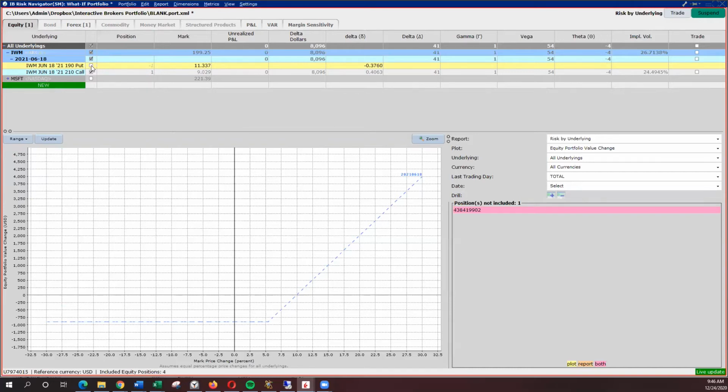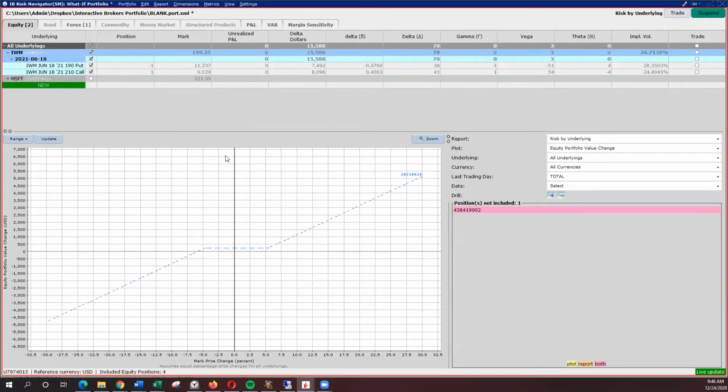The other great thing about this strategy is that it's a play on volatility. When you get a stock with a little bit of skew, here on IWM you can see that the out of the money put we're selling, 10 points below the market, has implied volatility a little bit higher than the call, 10 points above. That's why we're able to generate a little bit of income on the trade.